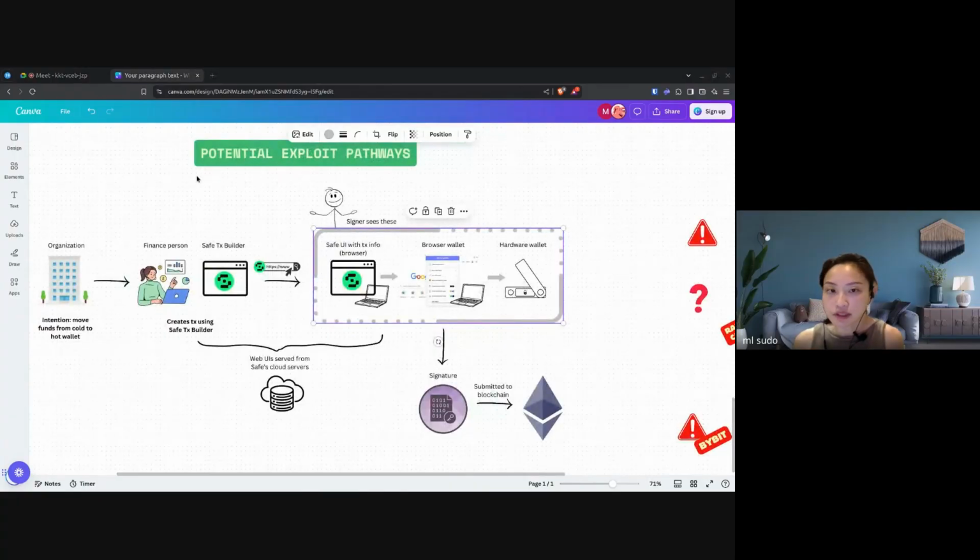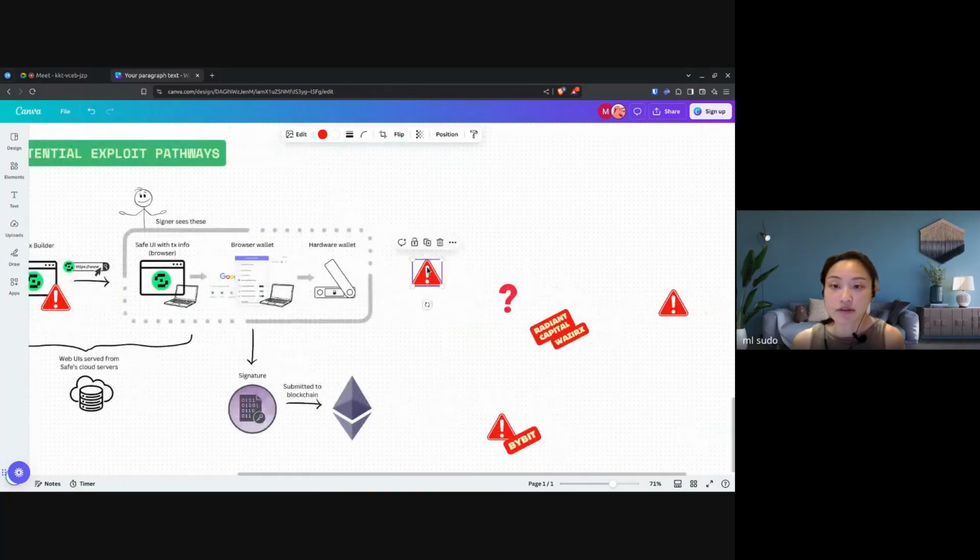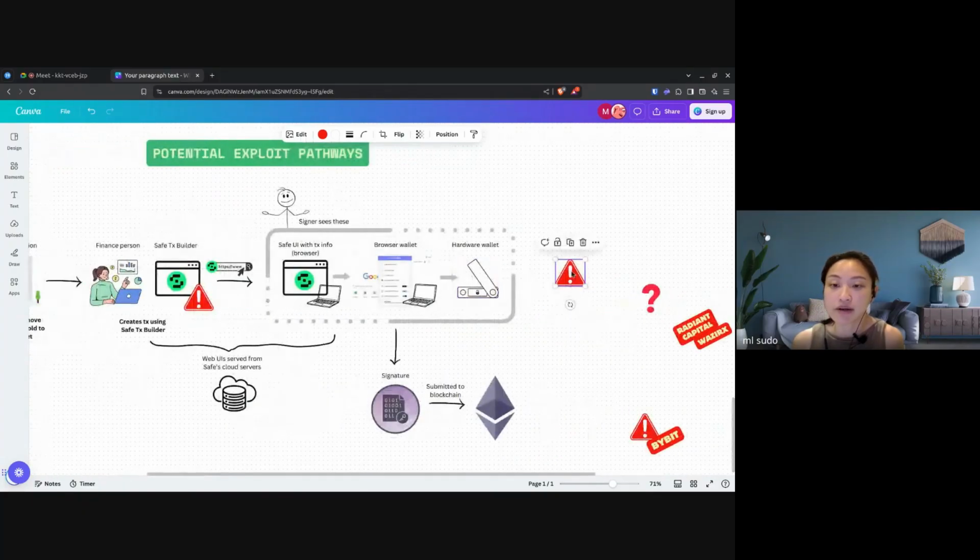So the way I think about it, as a hobbyist cybersecurity person, is that there are many ways to get pwned. Number one is essentially what happened: Safe cloud servers were compromised. So what could have happened is that the transaction builder was compromised. That's one way things could have gone wrong. The other area where things could have gone wrong is in the Safe UI, which is exactly what happened in the Bybit situation.